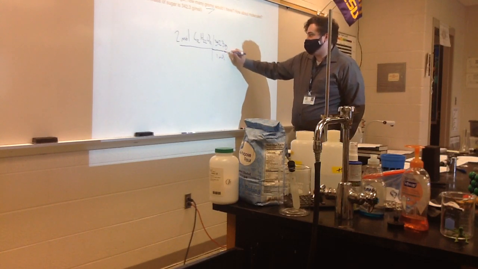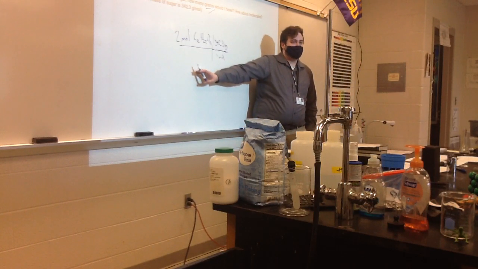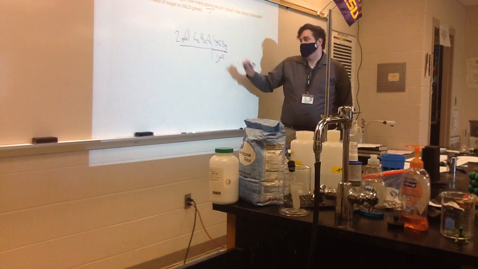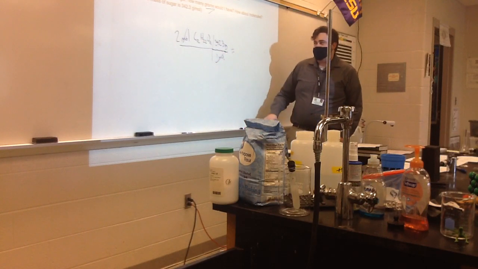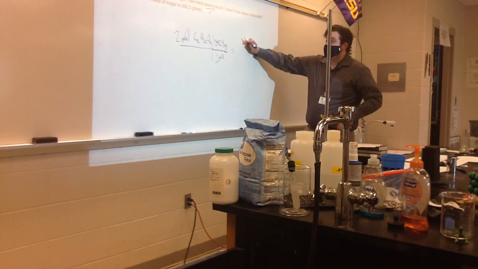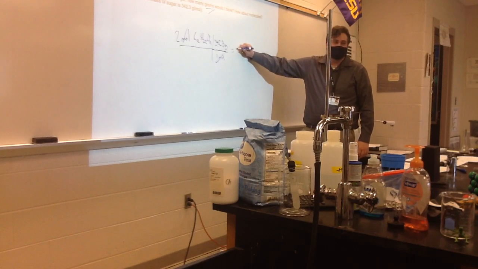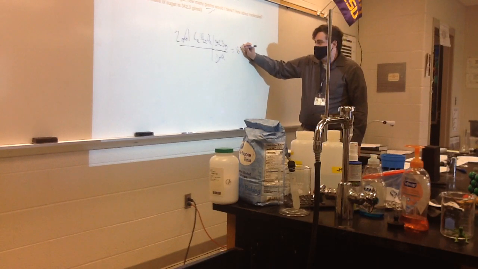All right? So then these units, which units cancel out here? Moles. So it's just like we were doing earlier. What do we do from here? 2 times 342.3 grams. And then, so what do we get as our final answer? 684.6 grams.